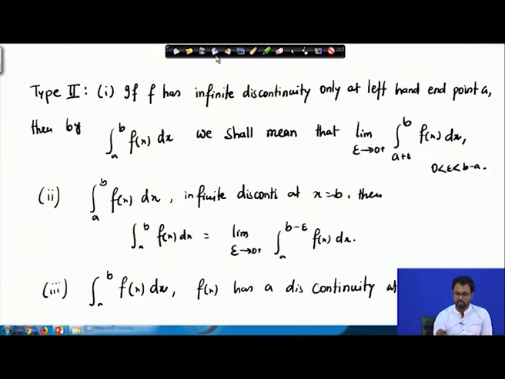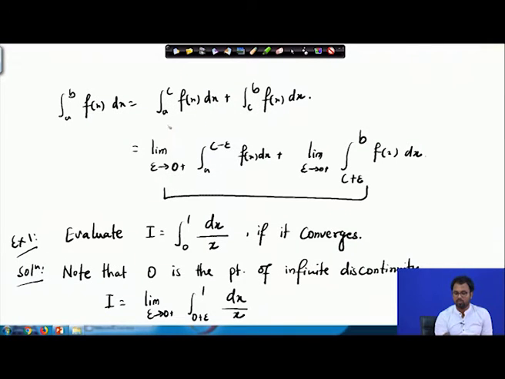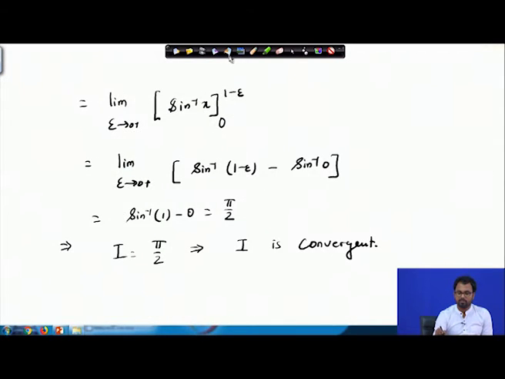So it falls into the category of this type, this here. And then we have to split the whole integral into two subintegrals. So let us go back to that slide.